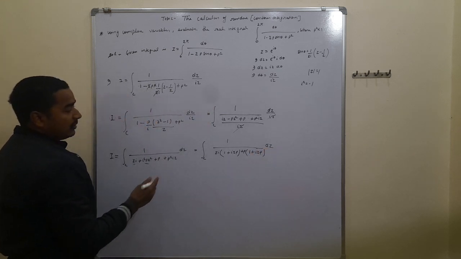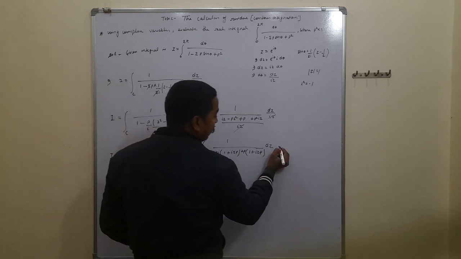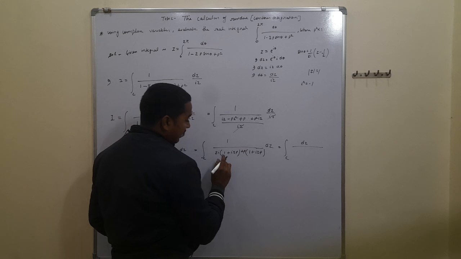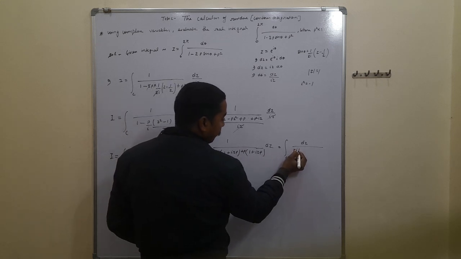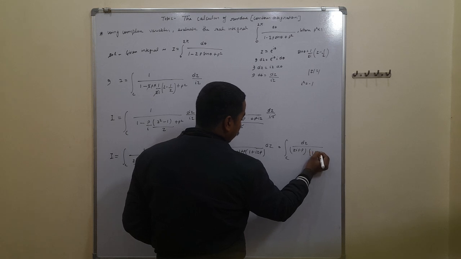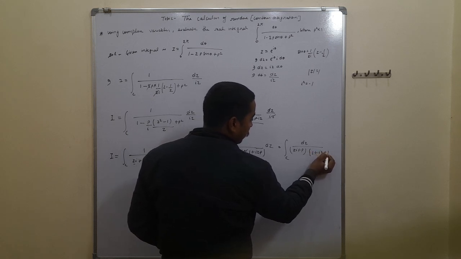Further we write the closed integral over C of dz upon zi plus p and 1 plus izp.